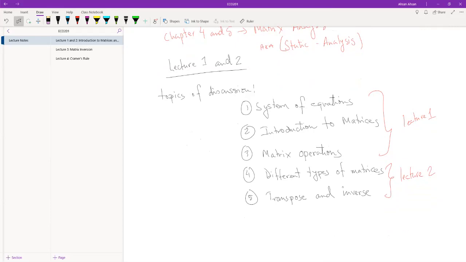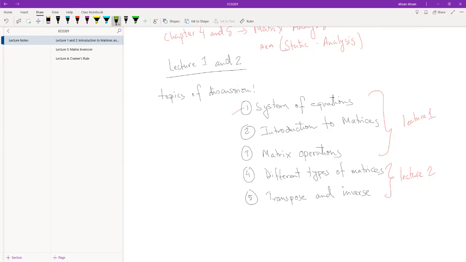And then in the next lecture, I'm going to introduce different types of matrices to you. There are a lot of different types of matrices. I'm going to introduce 3 or 4 common types that you will often come across. And then we're going to see how to calculate the transpose and inverse of a matrix. If that sounds like a lot, it's not really. So let's get started.